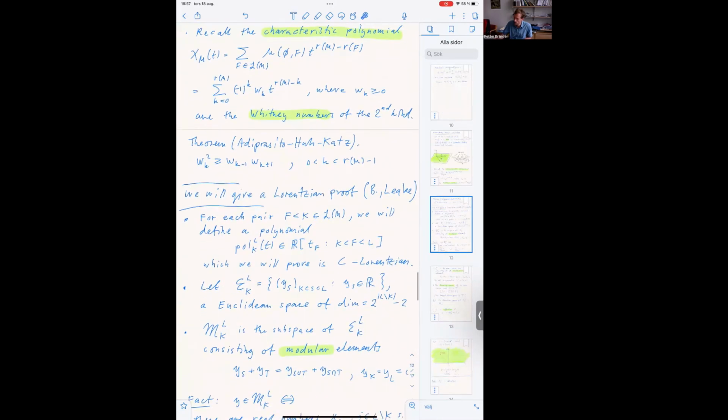So this is going to be a homogeneous polynomial, but it's no longer going to have just non-negative coefficients. And we'll prove that it's C-Lorentzian with respect to some cone C. So the variables in this are all the flats that sit strictly between K and L.